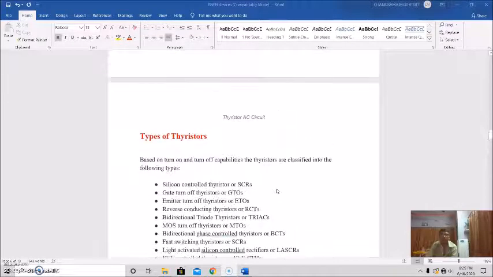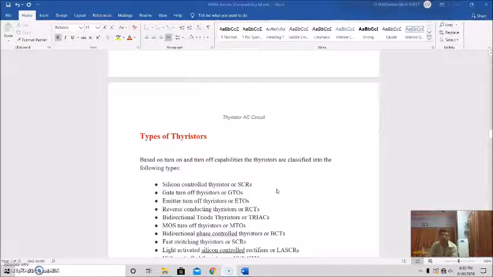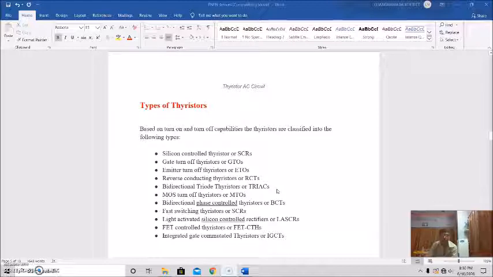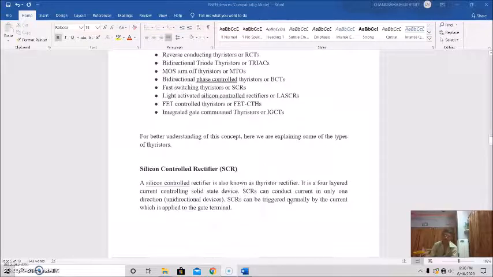That is SCR, GTO, ETO, RCT, TRIAC, then MTO, DIAC, BCT, bidirectional phase control thyristor, fast switching thyristor, LASCR, then FET controlled thyristor, then the integrated gate commutated thyristors. So these are the family members of thyristors, but some of the important members we have discussed.